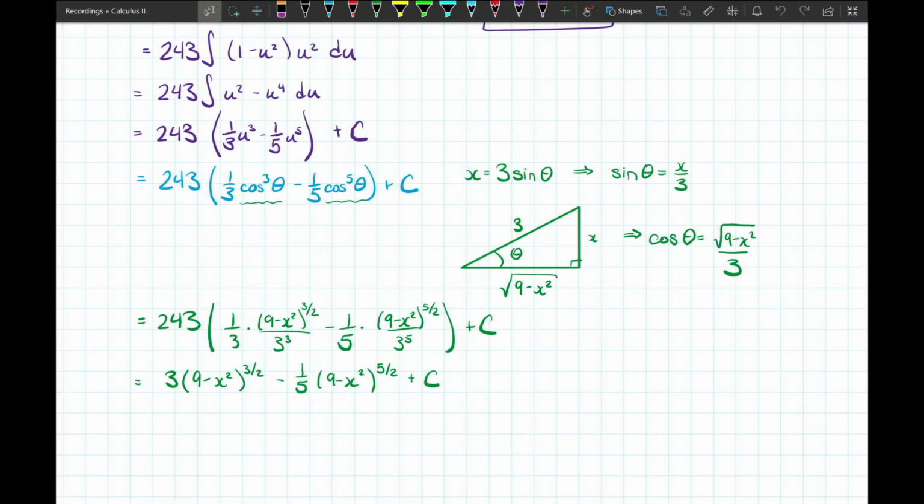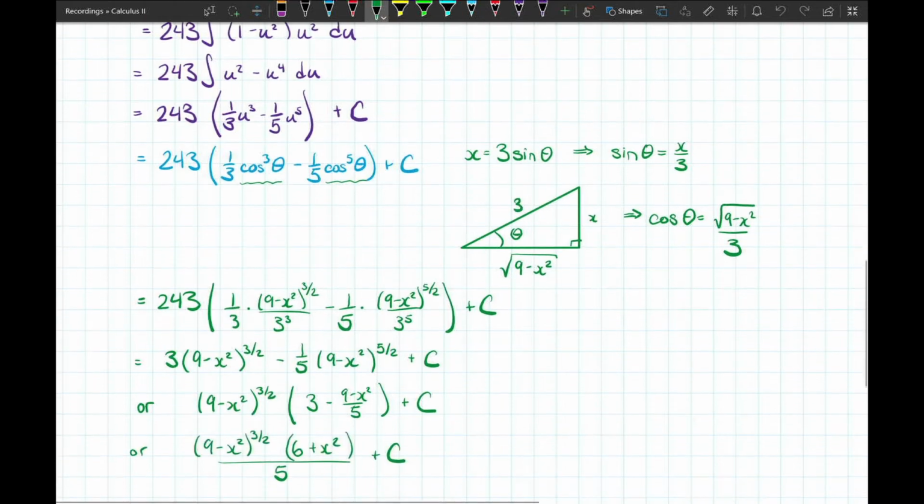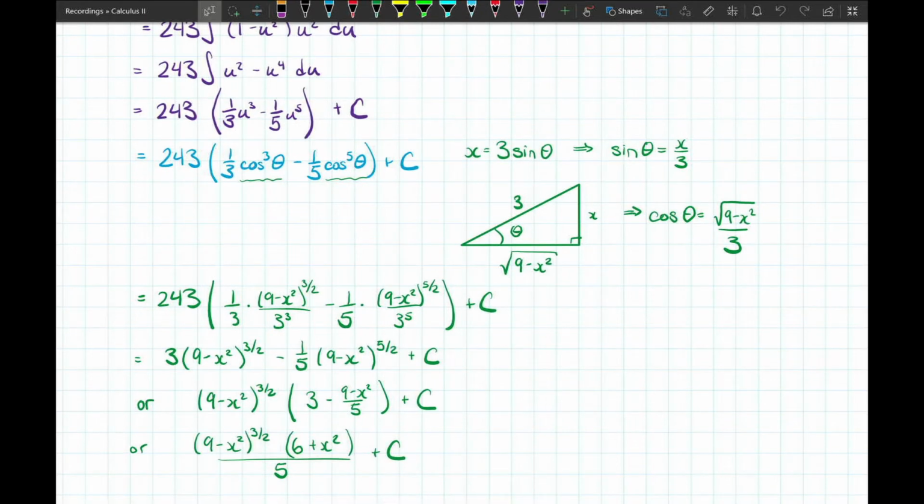Maybe we can start by factoring out the lowest power of 9 minus x squared. That leaves us with a factor of 9 minus x squared to the 3 halves factored out, and a nice expression involving just a quadratic, and even that can be further simplified if we really care to. You can see just how long of a process this becomes because of the multiple substitutions going on.